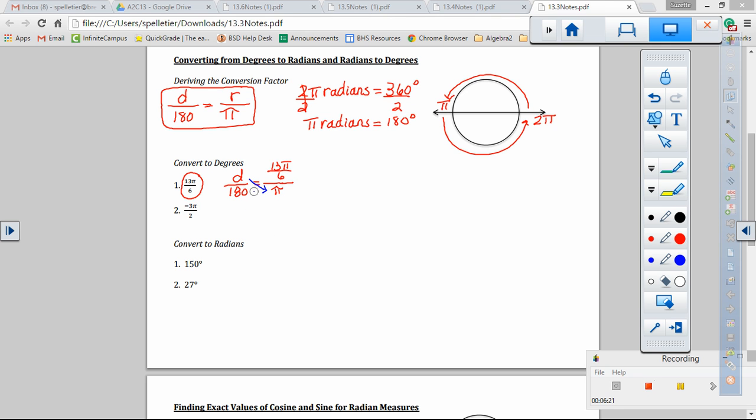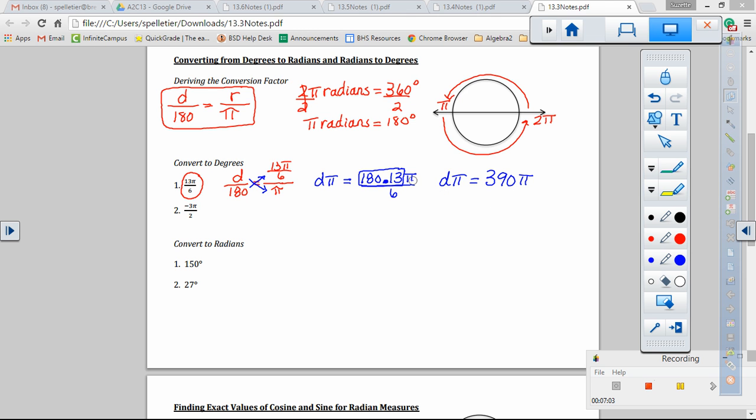So you're going to do d times pi, and you get d pi equals 180 times 13 pi over 6. You multiply 180 times 13, then divide by 6, and you get d pi equals 390 pi.